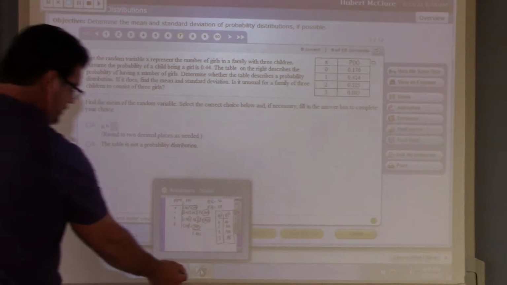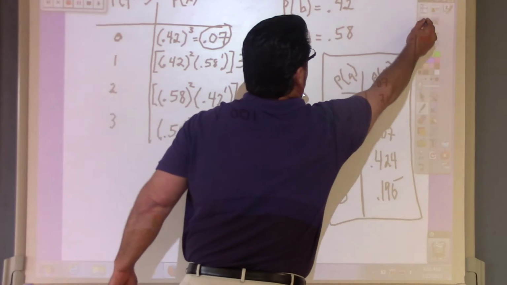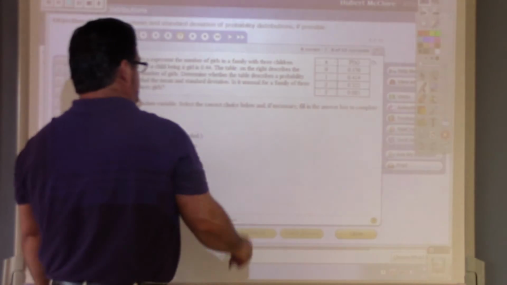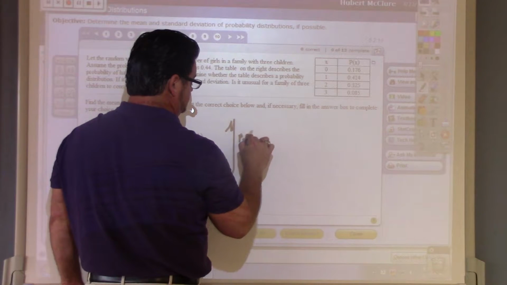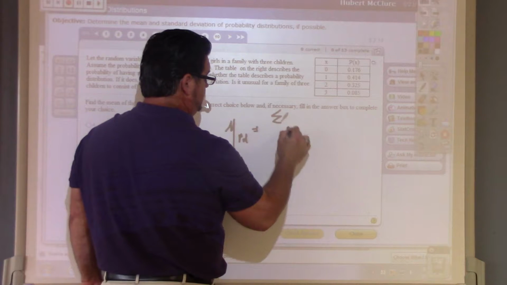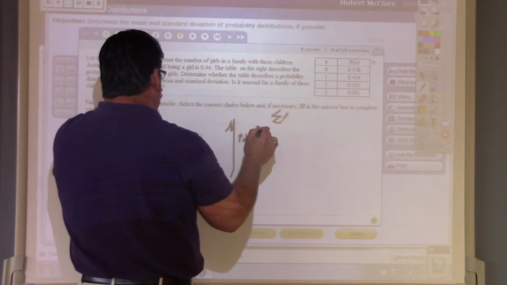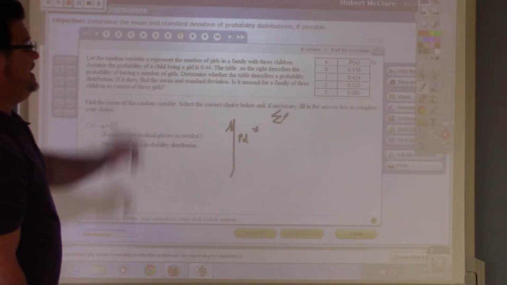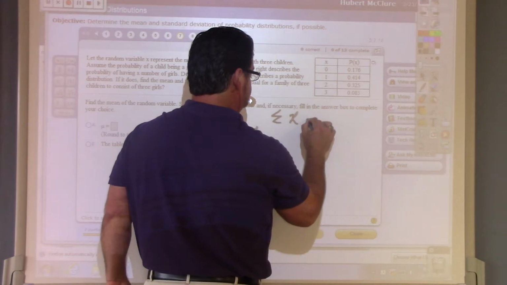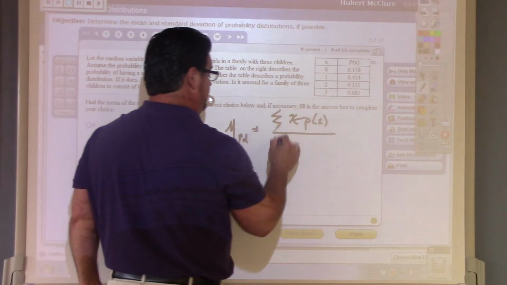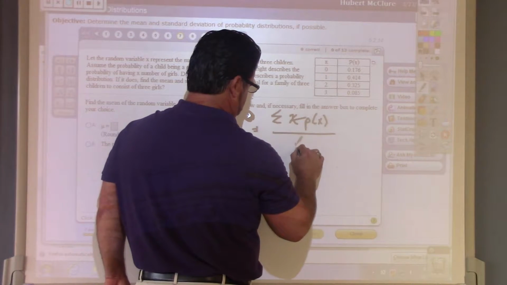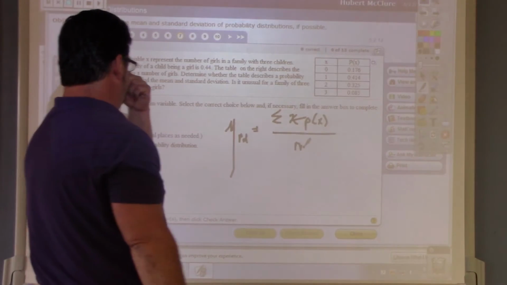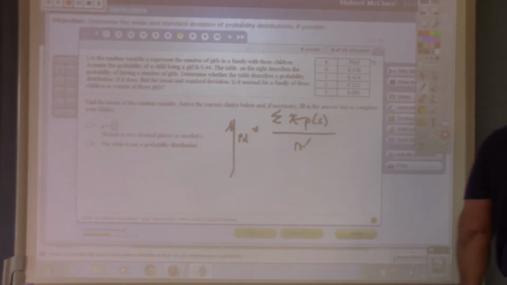The mean of a probability distribution is equal to the summation of x times p of x over n, or the summation of x. Okay?